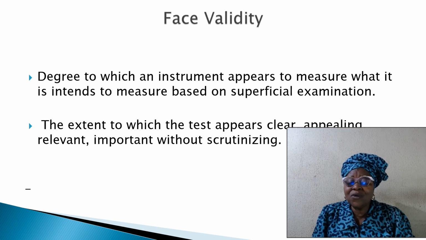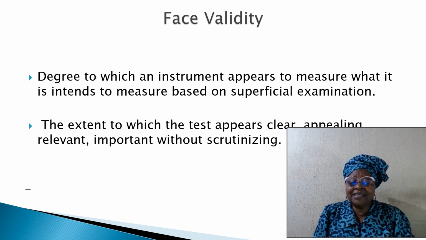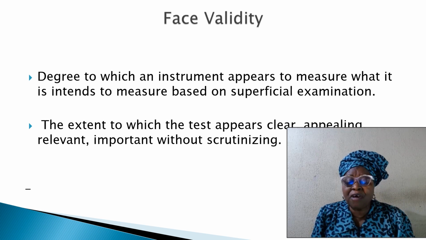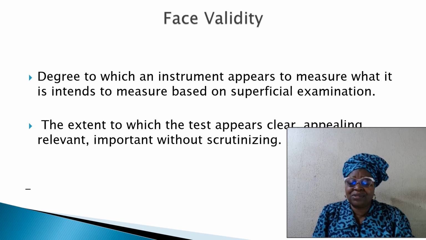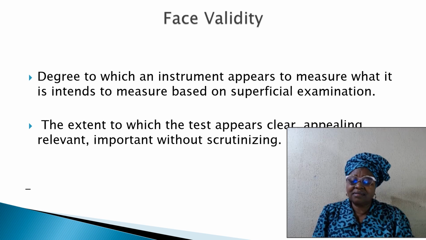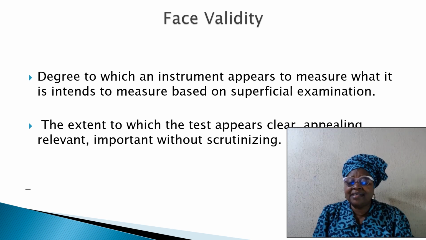Are the letters okay? Is it appealing? Is it readable? Is the instrument free from obvious errors that can distract? So when you begin to look at instruments to find out these superficial things that can still cause some problem in it, we say it is face validity.